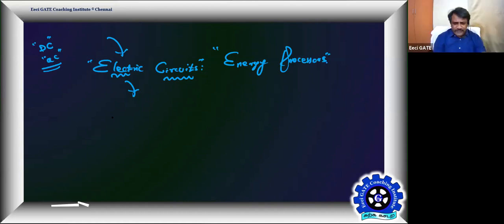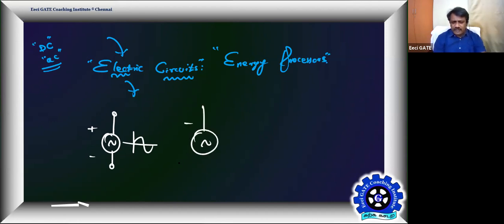So now we'll see. Let me have a simple AC source. Then why this convention, plus and minus? When I say plus and minus, the representation is this. The signal is starting this way.